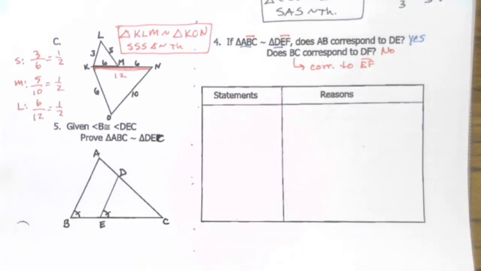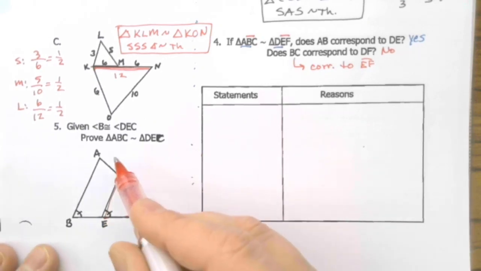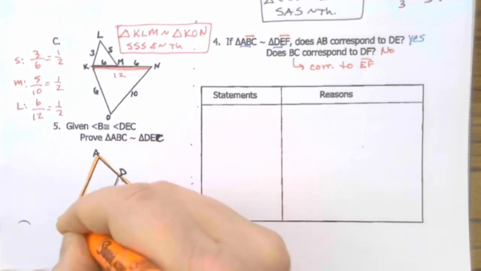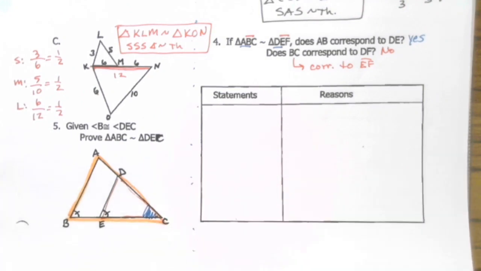Okay, we have one angle congruent. So just looking at this, remember that the little triangle here and the big triangle, which is here, share one angle, which is angle C, and that will give you angle, angle.